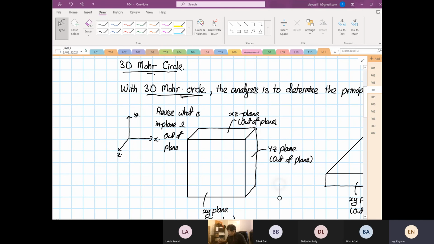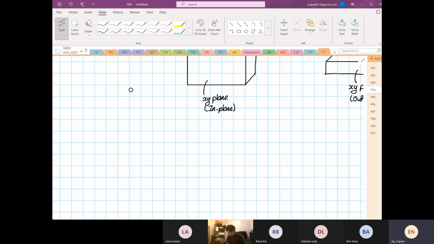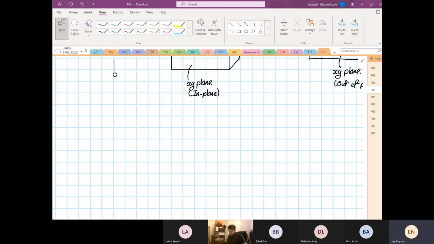So now we are going to consider an element. The orientation of the element is this way. So this is X, Y, and there's Z. Now the element is in this orientation.